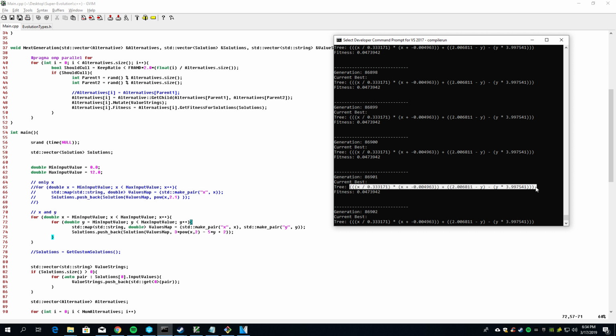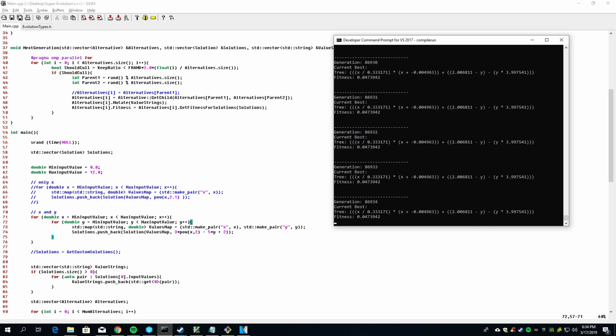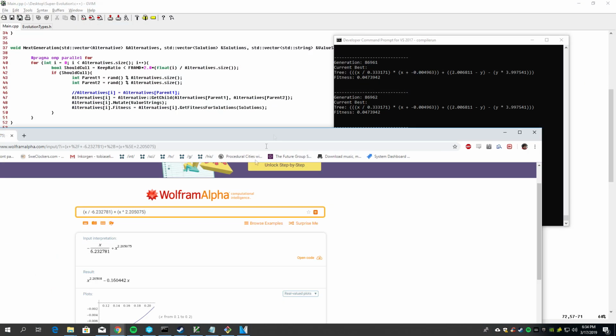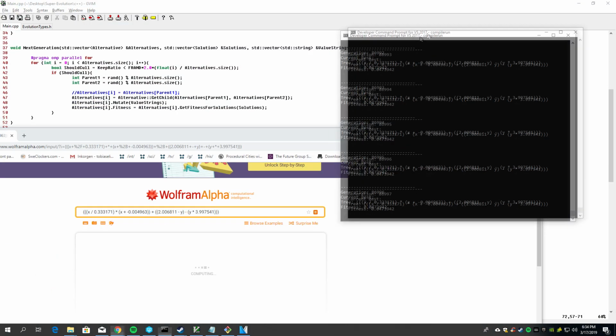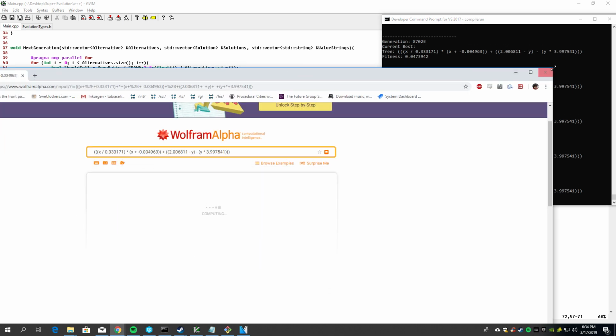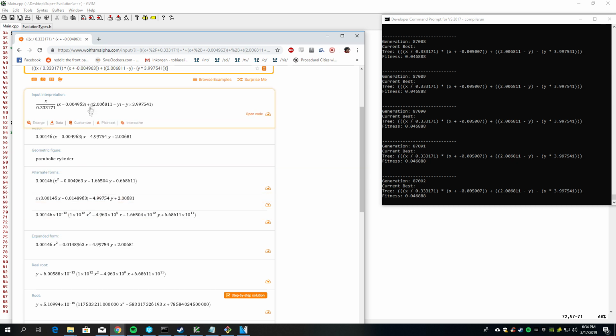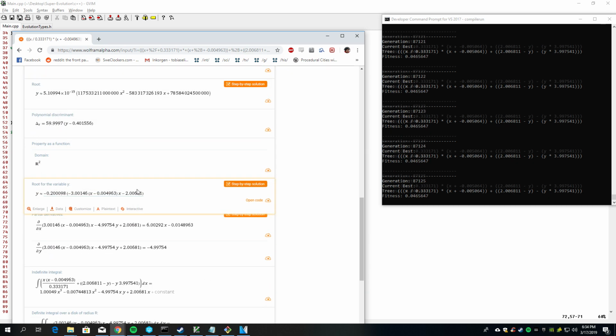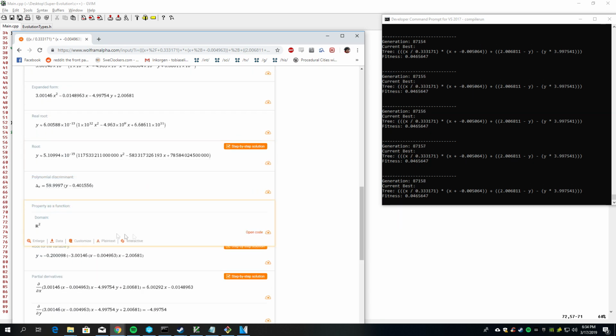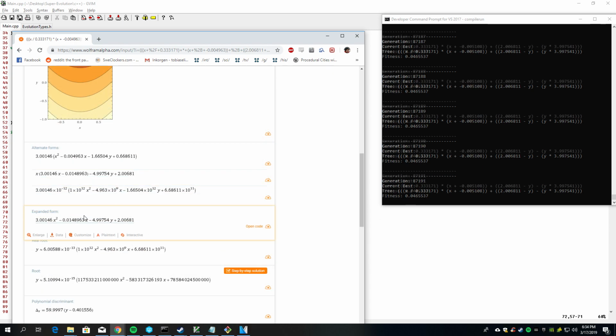When it's more complex than this, what I usually do is take the equation and enter it into Wolfram Alpha, and then we get a more human version of the equation.